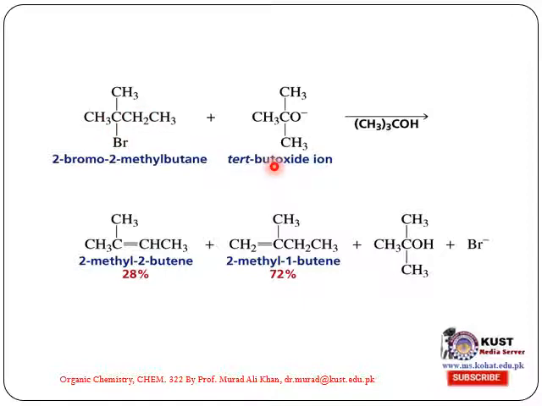But due to the presence of these two substitutions in the vicinity of this beta hydrogen, the approach of the base will be difficult compared to this naked beta hydrogen, and we will get 72% 2-methyl-1-butene as compared to the 2-methyl-2-butene.